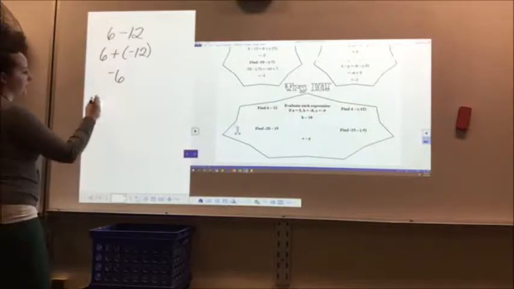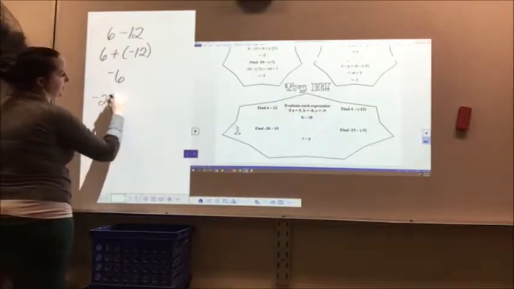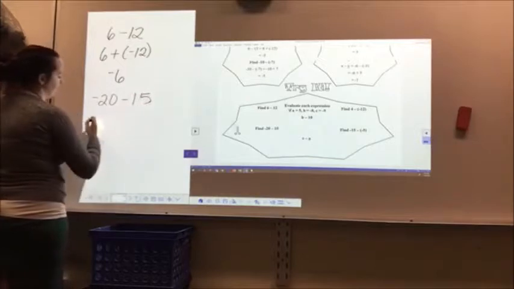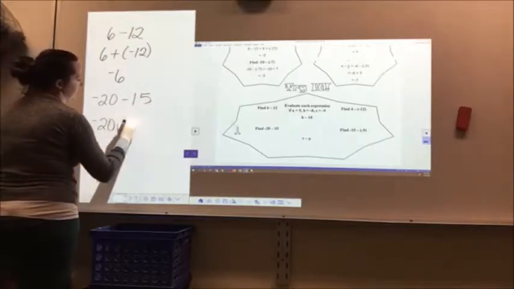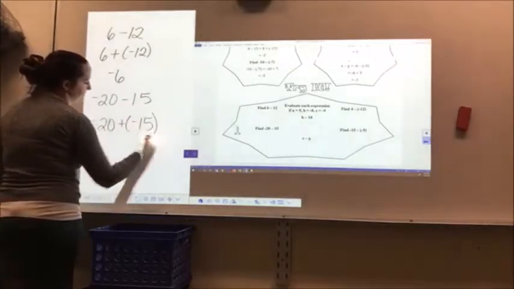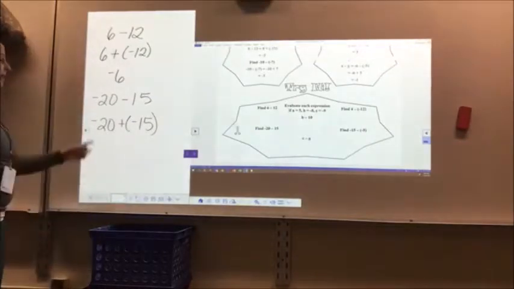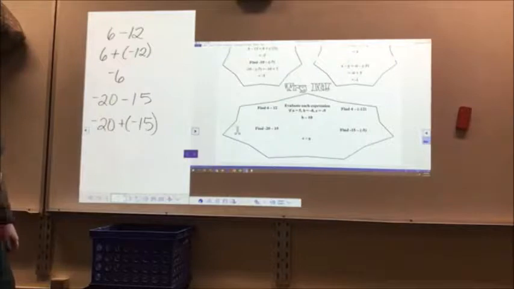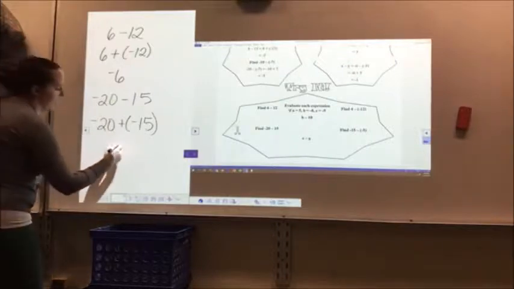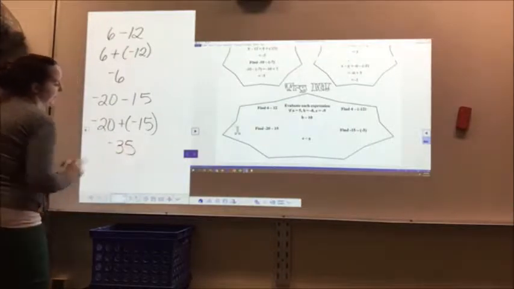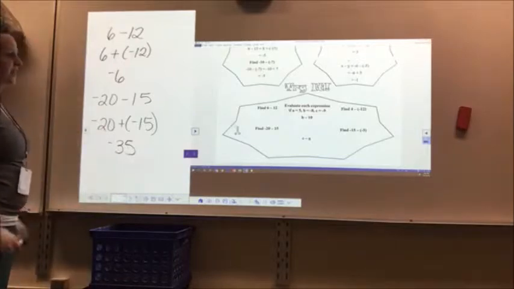Then I have find negative 20 minus 15, so I can rewrite this as negative 20 plus a negative 15. Okay. They have the same sign now, so I add them together. 20 plus 15 is 35. And they're both negative, so my answer is negative.